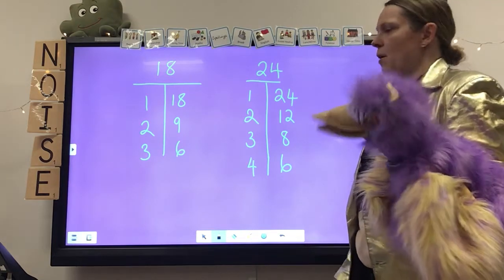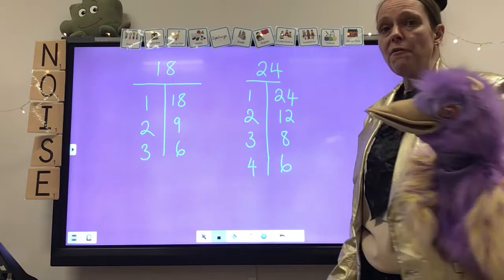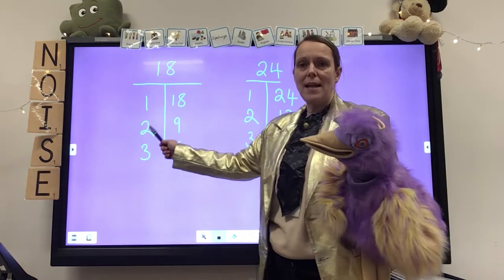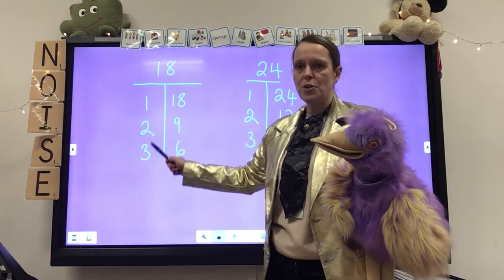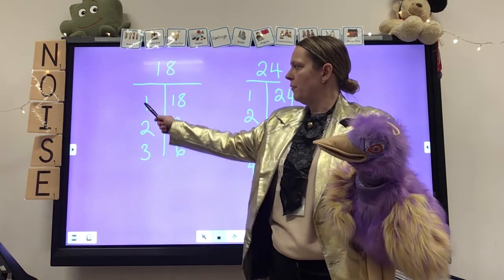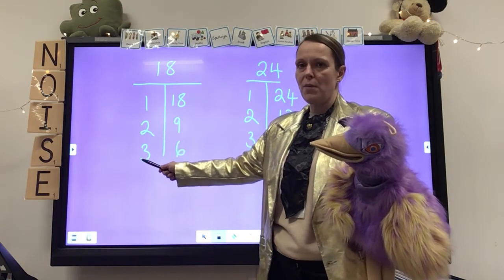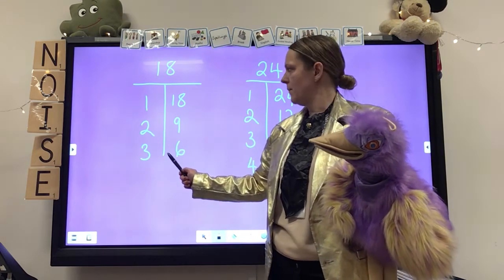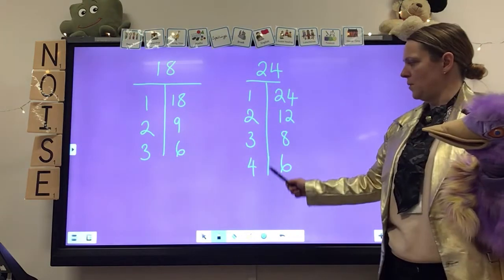I've set it out so I don't forget any of the factors. I put the pairs together, and I've followed quite a logical process here. I've gone through in turn and worked out whether those numbers are factors and what their pair is, and done the same with 24.